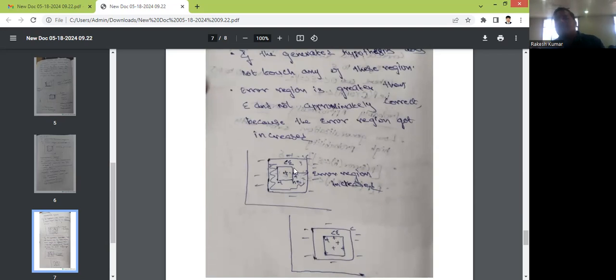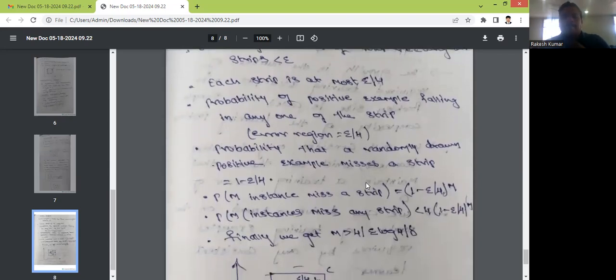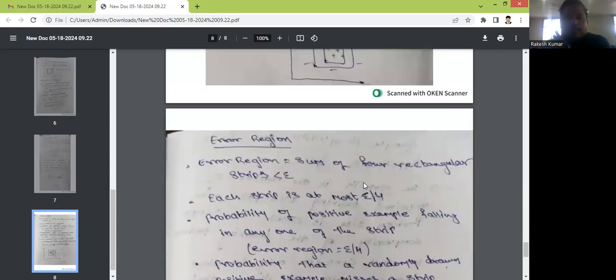So directly we can say that the error region has been increased. Here you can see the error region is the sum of four rectangular strips, greater than epsilon. Each strip is at most epsilon by 4.